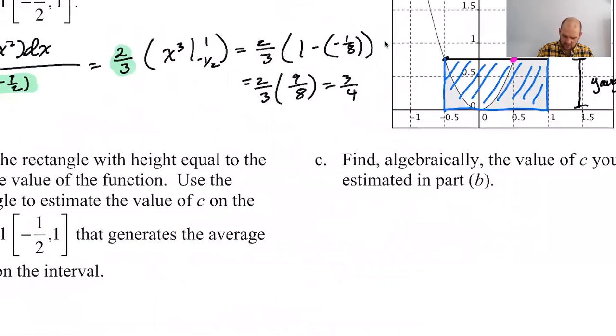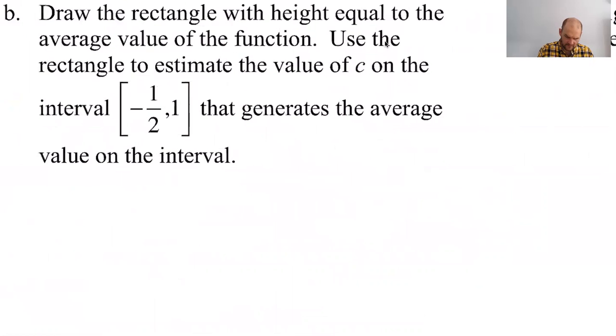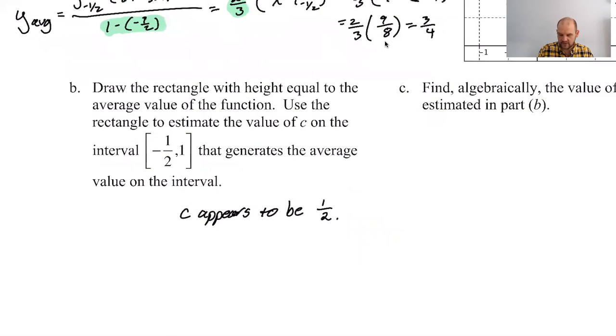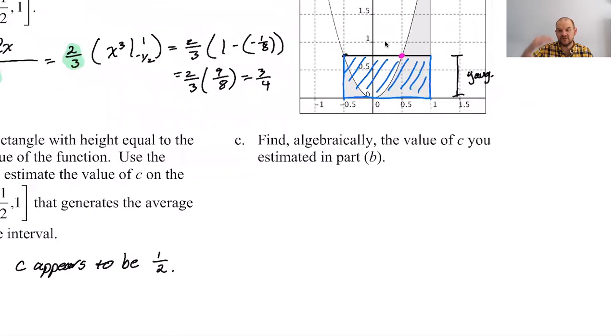Also, it's actually really unusual to find c. With the normal mean value theorem, you're all about finding c or proving that c exists. With this one, it's way more important to actually find the average value.